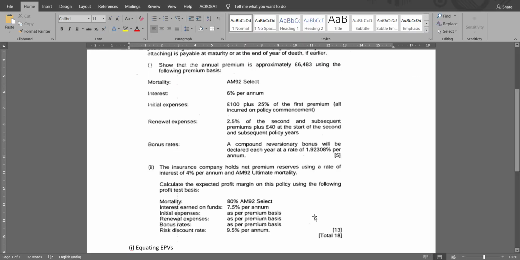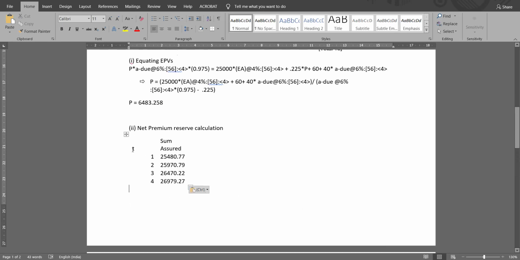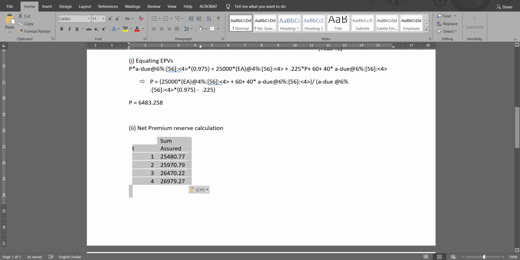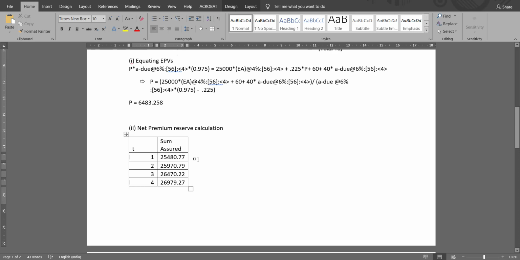Like this is acceptable, this is acceptable. They have written that you are not supposed to, okay, let's show some borders. Okay, so this text has to have borders, right? So all borders. Okay, so well, here you are showing your calculations.